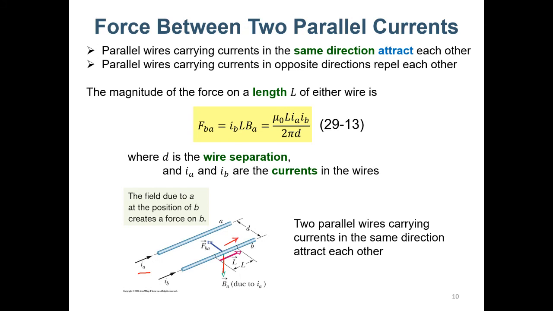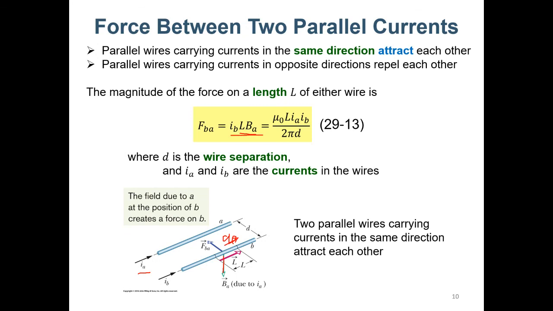And then the current is IB. So you can imagine dL is like that, or L is like that. Suppose we can consider IB is uniform. Because in the last chapter we have dF equals I times dL cross B, but for this case it is uniform for the same wire, so we simplify it to a simple multiplication.